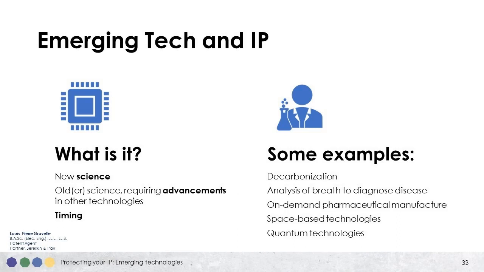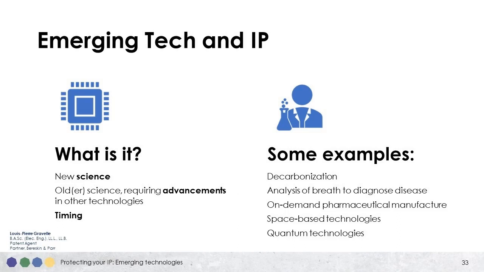In order to get a better head on what we consider to be emerging technologies, I went to the magazine Scientific American and looked at what they considered to be a list of the emerging technologies for the next few years. And some of the examples you'll see on the screen, decarbonization is an emerging technology.